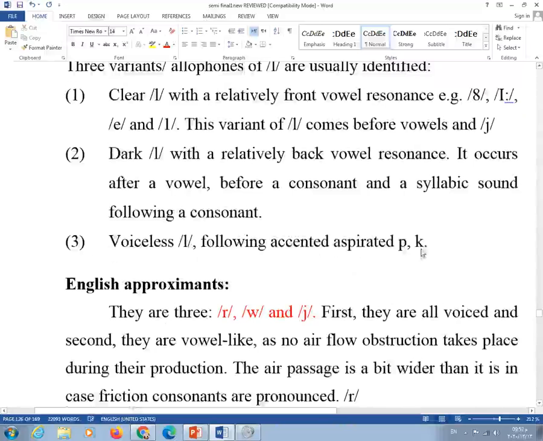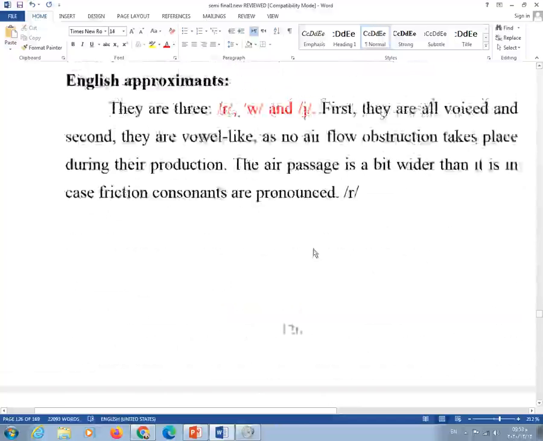And k also works the same way. We have clean, clay. L here is no longer voiced, it becomes voiceless due to the influence of the preceding p in play and k in clean.